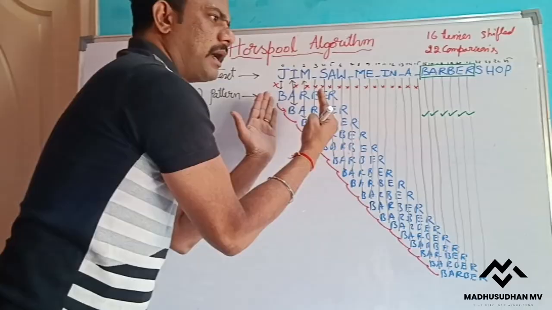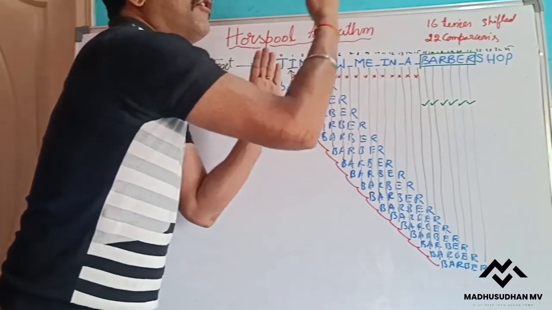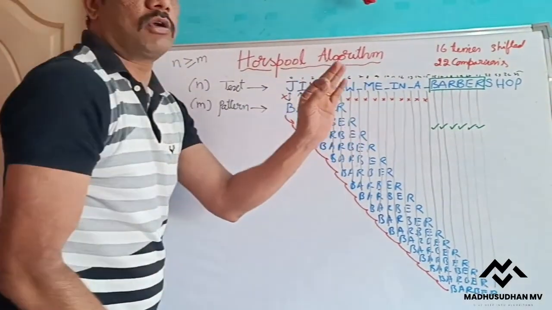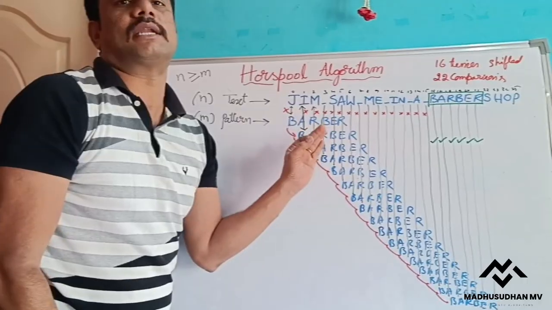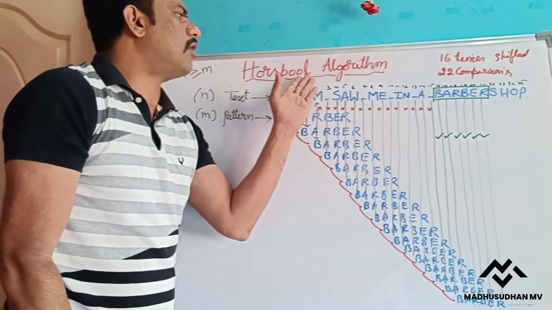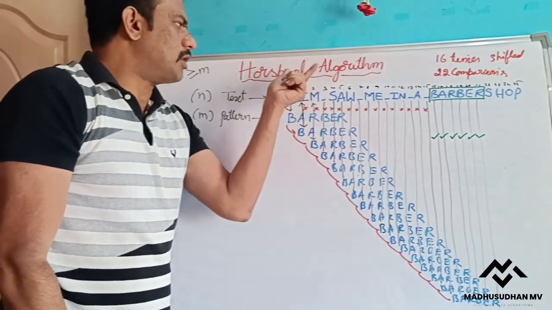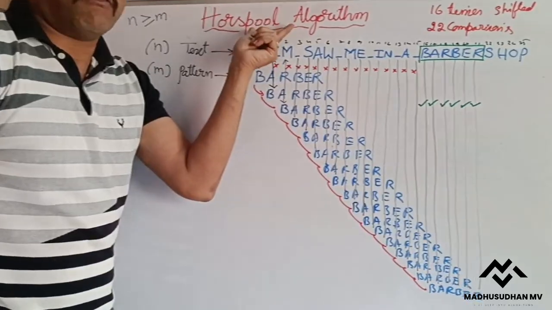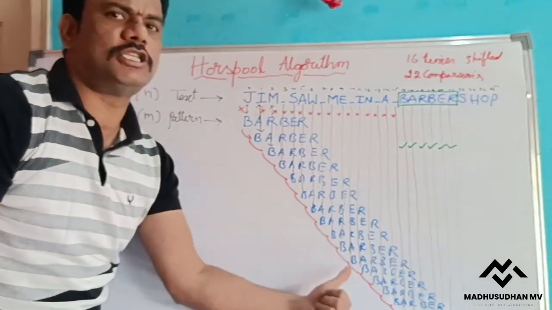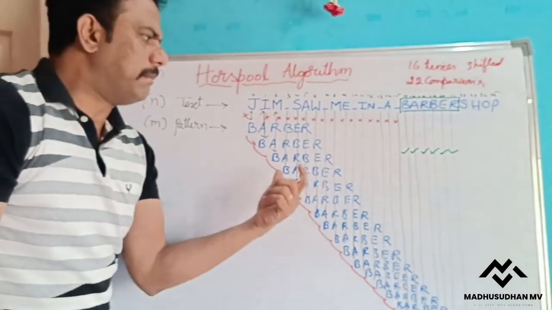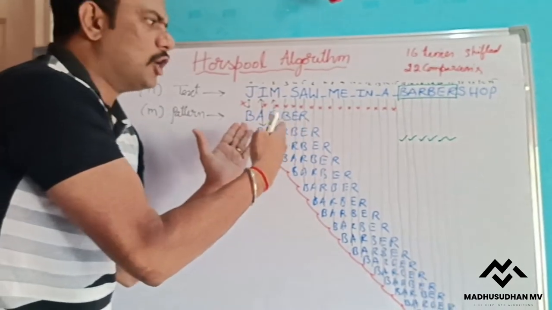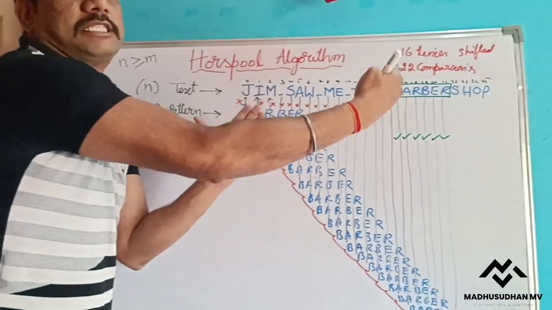We can shift the pattern towards its right as far as possible without missing any matching occurrences. That is the beauty of the Horspool algorithm. It avoids unnecessary shifting of the pattern by shifting the pattern towards its right as far as possible.